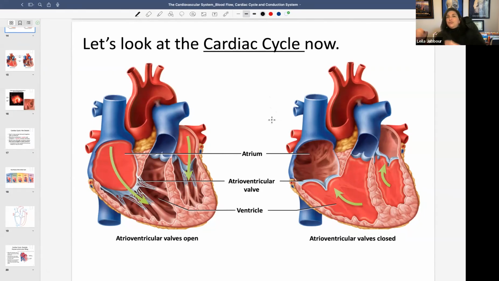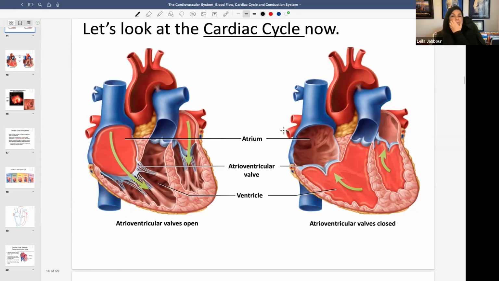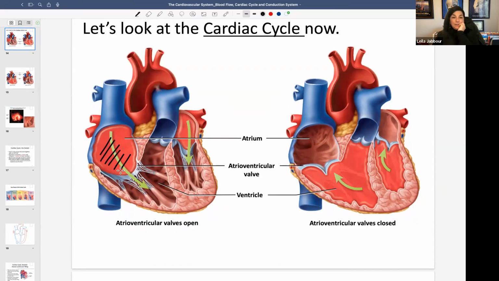Are they just contracting randomly, or very specifically in a specific order, actually? So that's what we're looking at now. What we're going to see is that blood pulls into the atria like this.